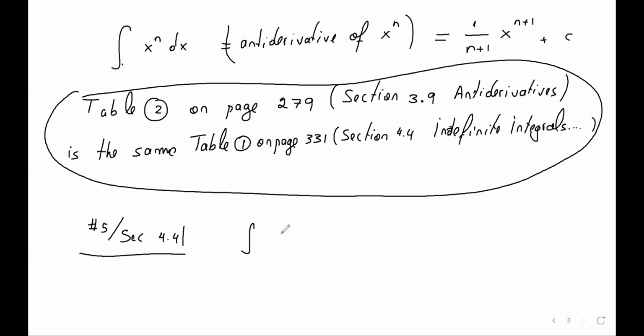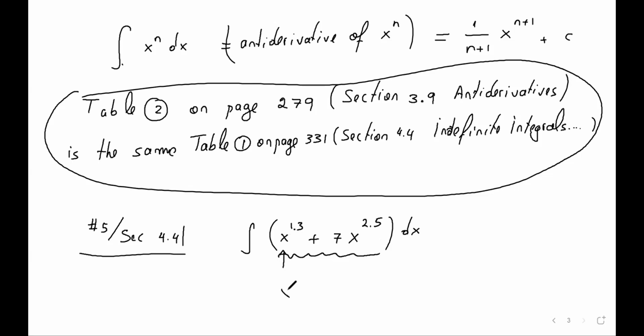x to the 1/3 plus 7 x to the 2/5. And again, please pause this video if you work at home and try to do this problem on your own. So what does it mean? It means that I want the antiderivative of this guy. To get the antiderivative, I have to get it in pieces, right?